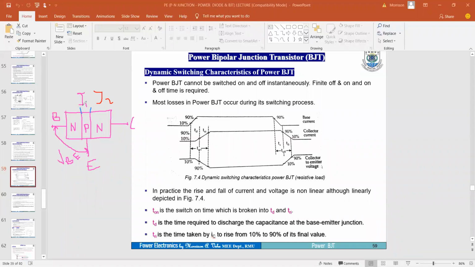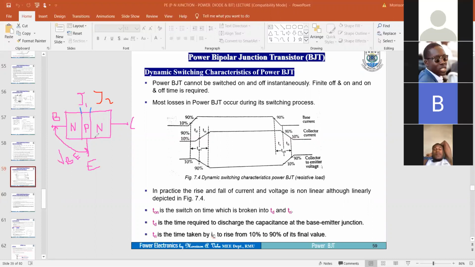There will be stored charges in junction 1 and stored charges in junction 2.